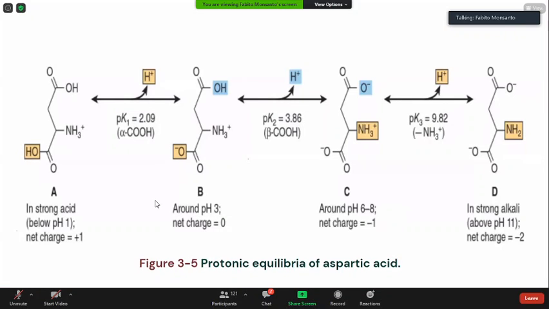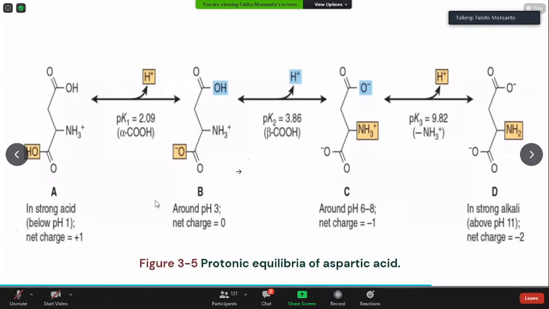You get the pI of aspartic acid by adding the pK here and the pK here divided by 2.